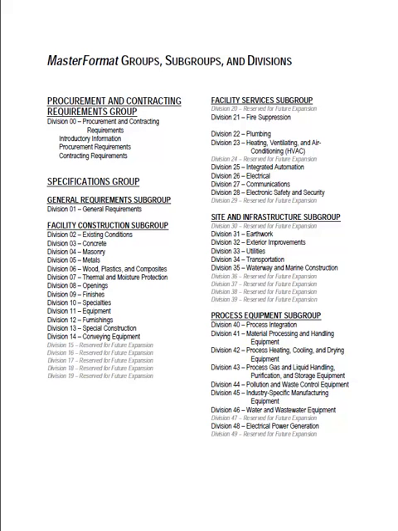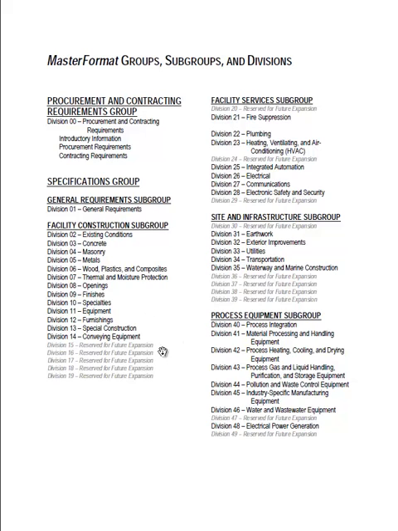Division 11 is equipment. Division 12, furnishings, any type of built-in furnishings, cabinets and whatnot. Division 13, special construction. Division 14 is conveying equipment. This would be your elevators, your escalators, anything that's going to move people or materials from one place to another would fall under Division 14.